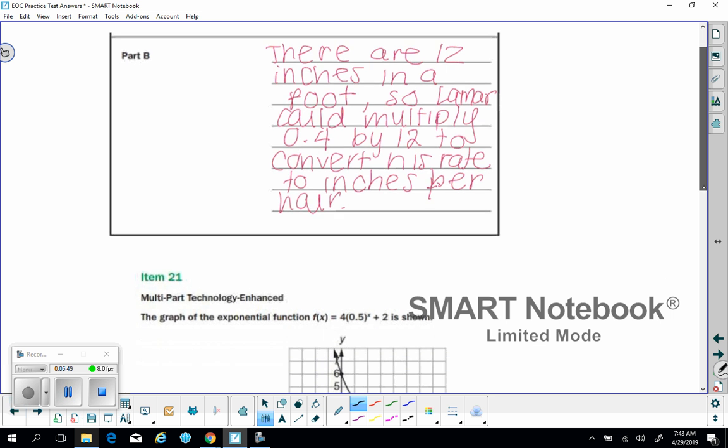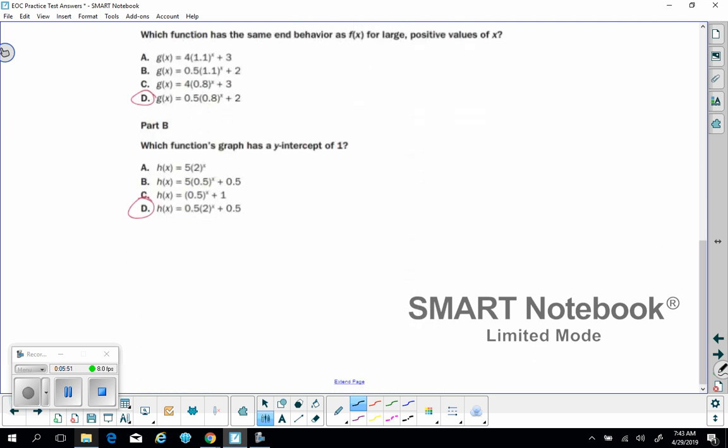For 21B, you're putting it into your table, and how do I find a y-intercept? Is it going to be 0, 1 or 1, 0? Which one is y-intercept? 0, 1 is what we're looking for in our table.